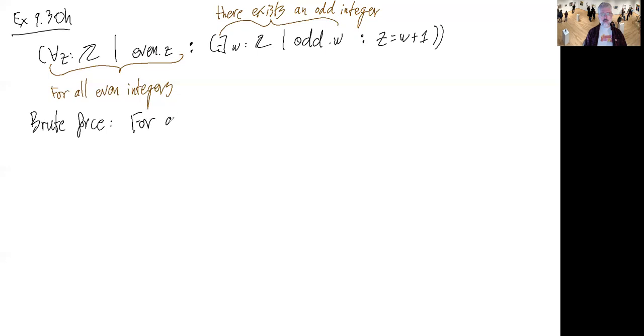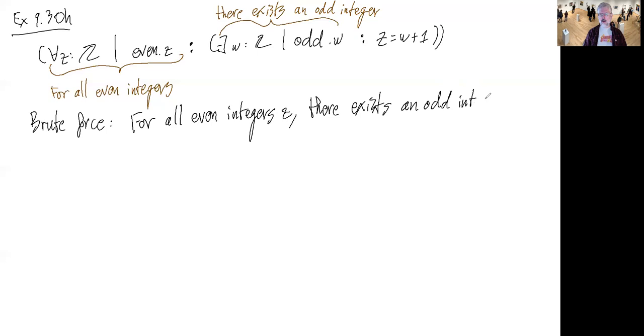For all even integers z, there exists an odd integer w such that z equals w plus 1. Okay. Now, this is not great.